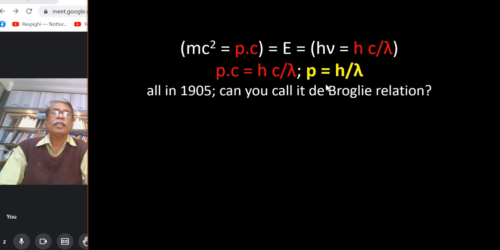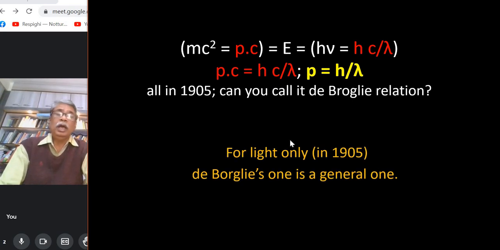But it looks like the de Broglie relation, right? p equal to h by lambda. So my question is, can we call it the de Broglie relation? But Einstein got it in 1905. De Broglie got it in the 1920s, much later. So what is the fallacy? The relation p equal to h by lambda was of course obtained by Einstein, but that is valid only for light.